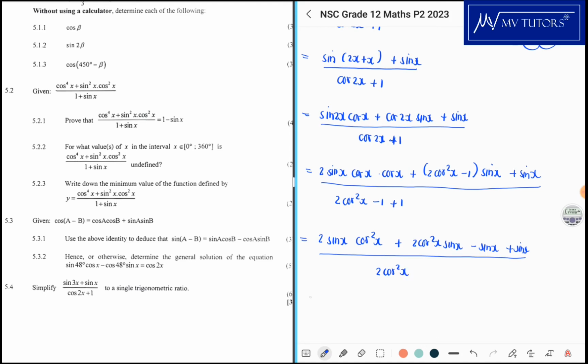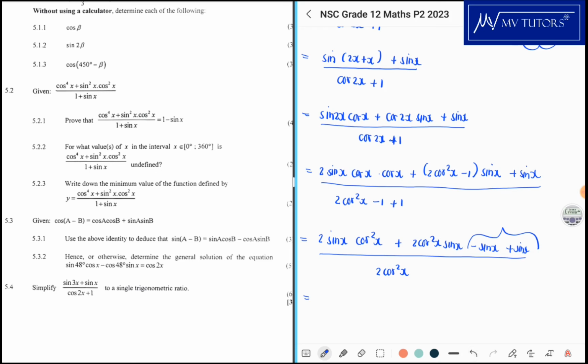Okay, guys, what am I going to do here? Let's see what's happening at the top. So I can cancel these ones out. Then what can I do? Actually, things are working out.